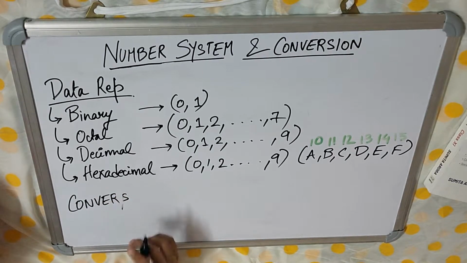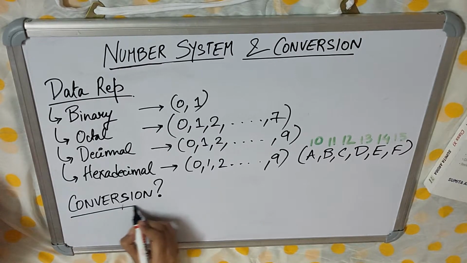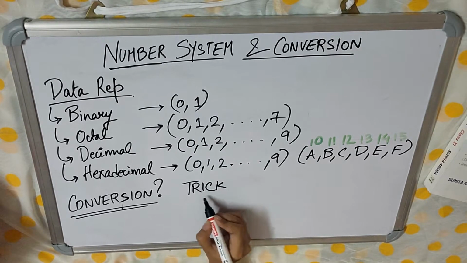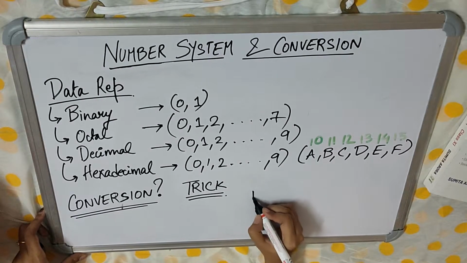Now the conversion part could be confusing when you try to convert from decimal to other numbers or other numbers to decimal. So there's a trick to keep in mind what method we should use.